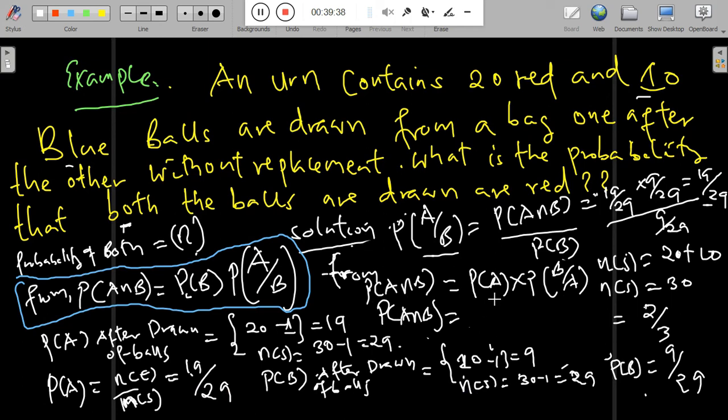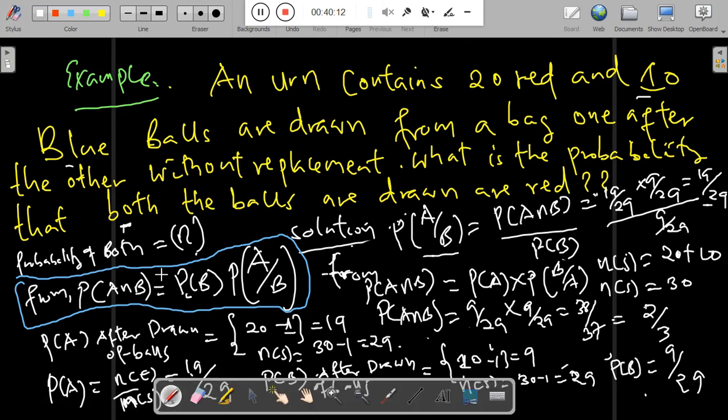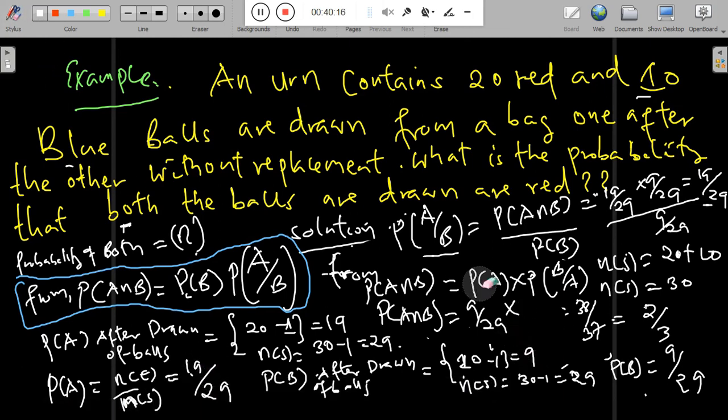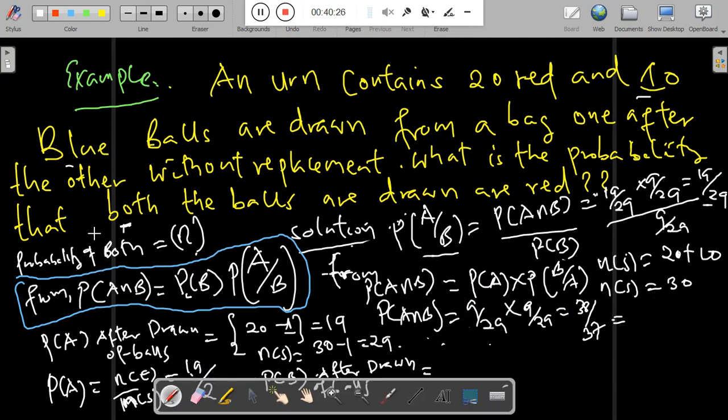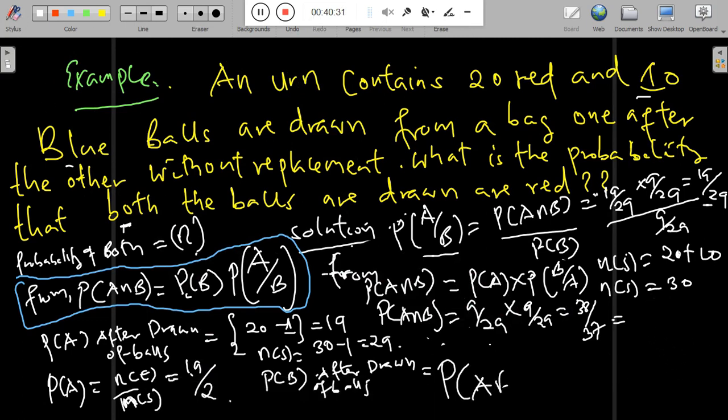So this will exactly give you 38 over 37. That would be the answer. So let me label over here so I can demonstrate it properly. So probability of A intersection B is equal to 38 over 37, as you can observe.